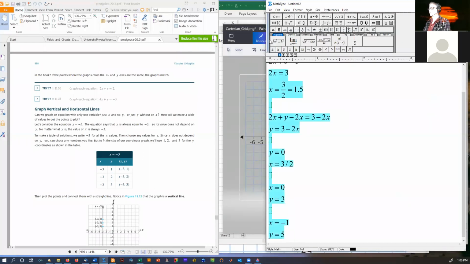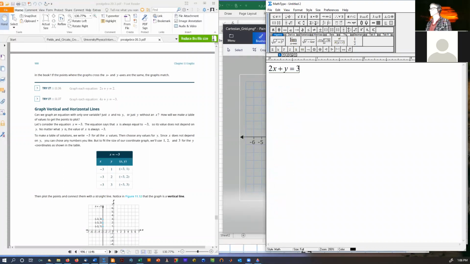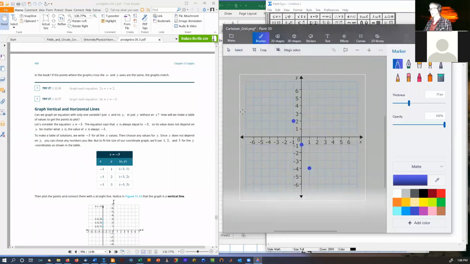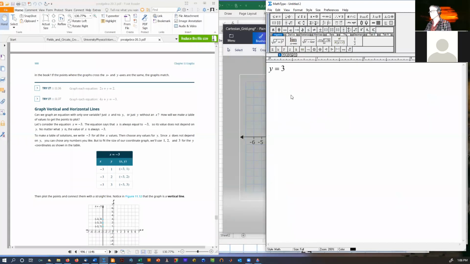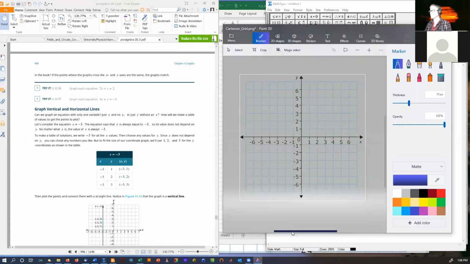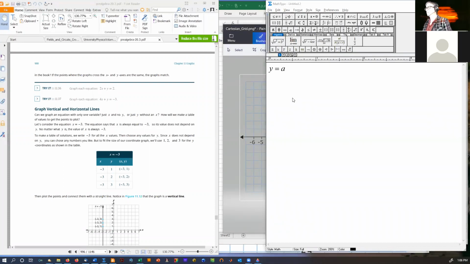That equation would have the form y equals 3, because y is equal to 3 for any value of x. So any horizontal line is going to have the form y is equal to a, where a is any constant. Anything from minus infinity to plus infinity will have the form y is equal to a.